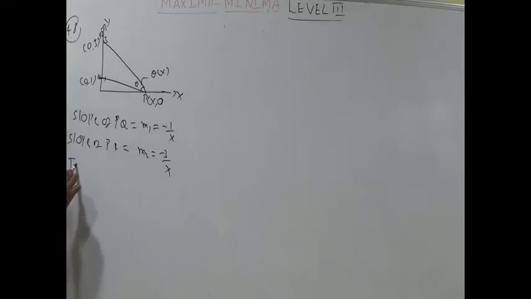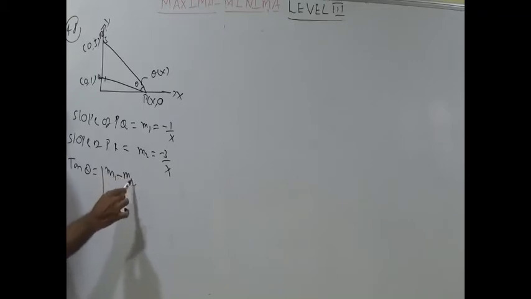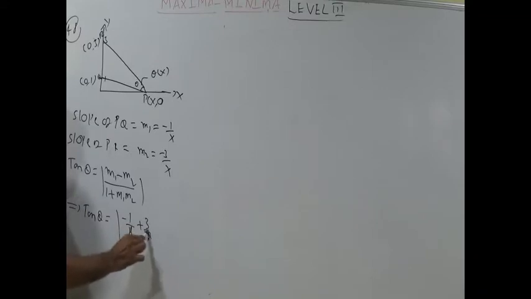To calculate the angle between the two lines, using the slope formula, we can write m1 minus m2 by 1 plus m1 m2. So tan theta is equal to minus 1 by x plus 3 by x, whole by 1 plus 3 by x square.